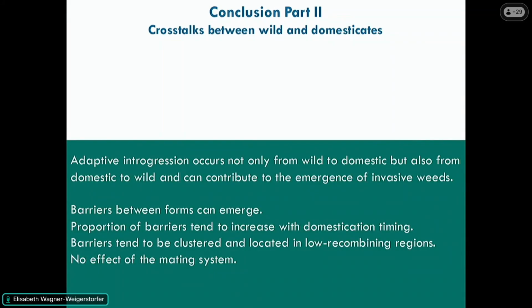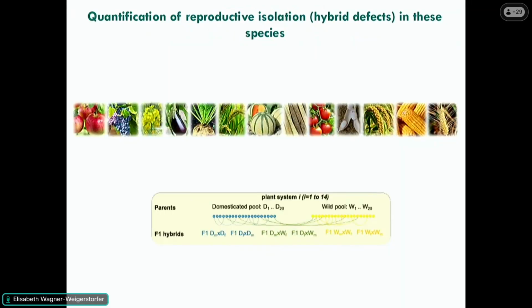We also have shown that barriers between forms can emerge, and that the proportion of barriers tends to increase with domestication timing, but this again is very recent. We have to verify this. We also found that barriers tend to be clustered and located in low recombining regions, and we didn't find any effect of the mating system.